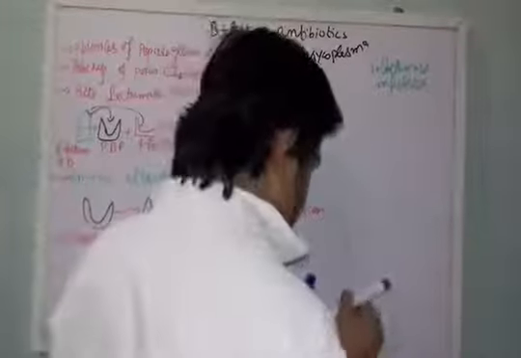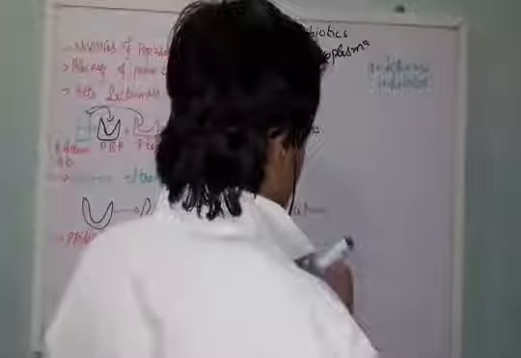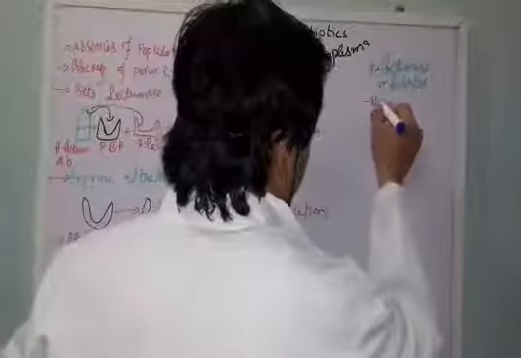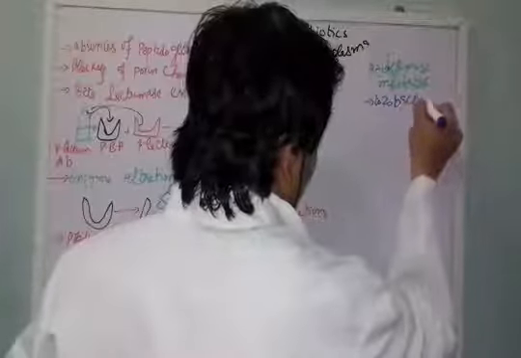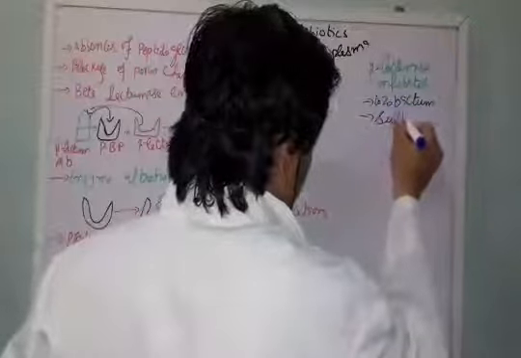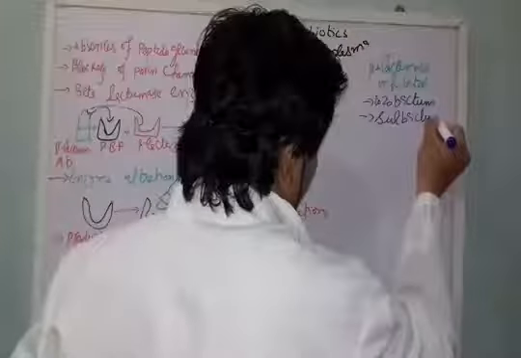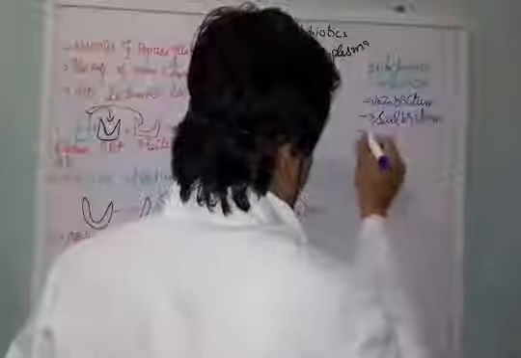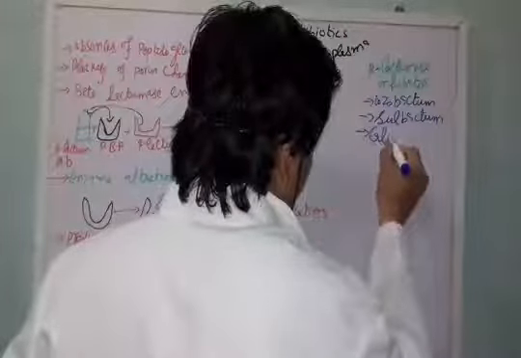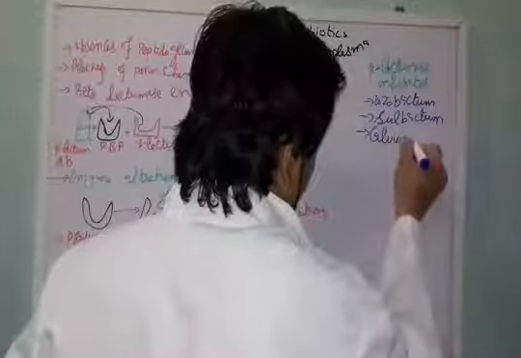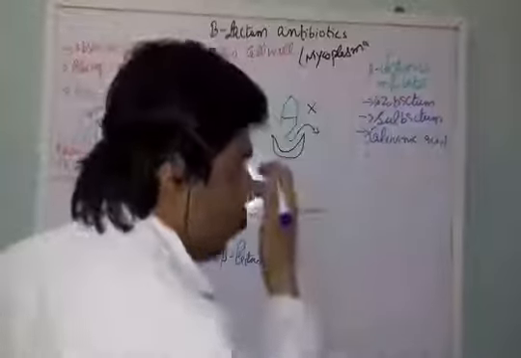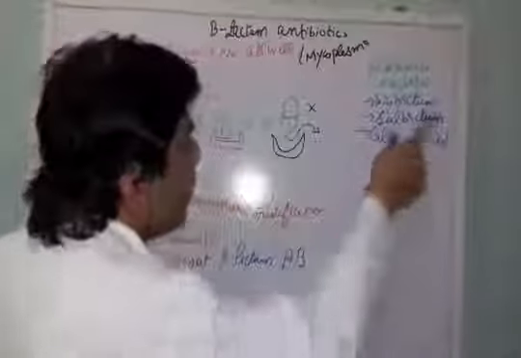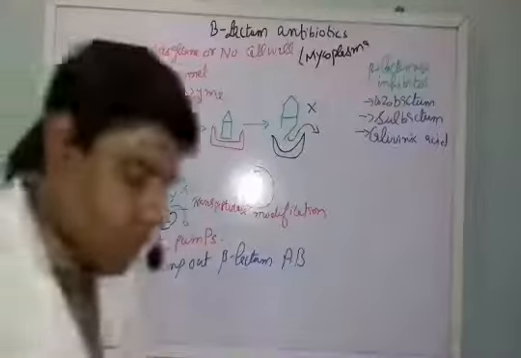And these beta-lactamase inhibitors are actually which ones? Tazobactam, sulbactam, clavulanic acid. Maybe the spelling is right or wrong, so you can check the spelling. Fine. So these are the beta-lactamase inhibitors.